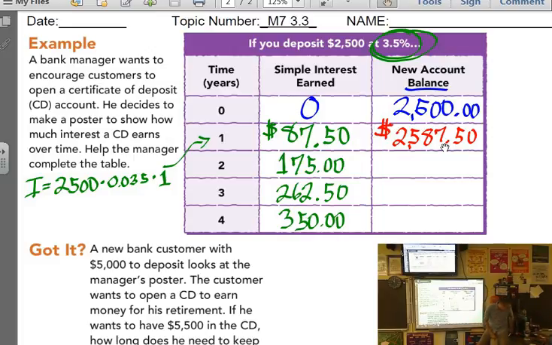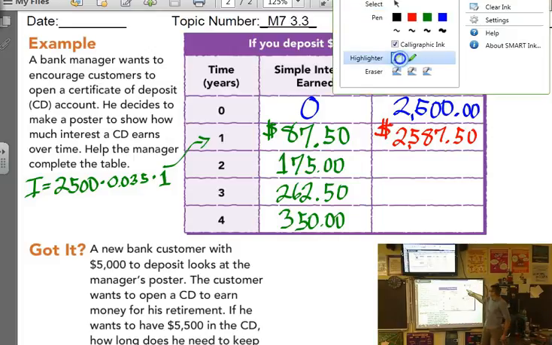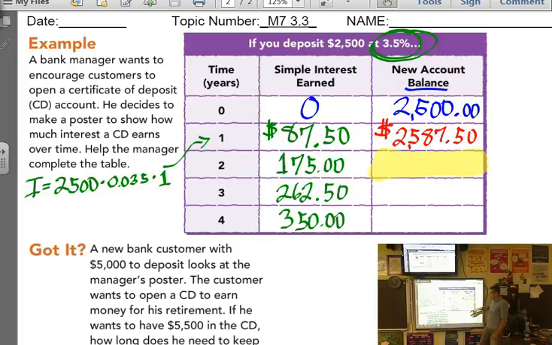My balance after year 2. Now, this is where mistakes happen. Please give me your eyes for a second. Every year, somebody's rushing, they're not listening, and this is where mistakes happen. To find this blank right here, we are not taking this value and adding this value to it, because this value is the total interest made after 2 years.